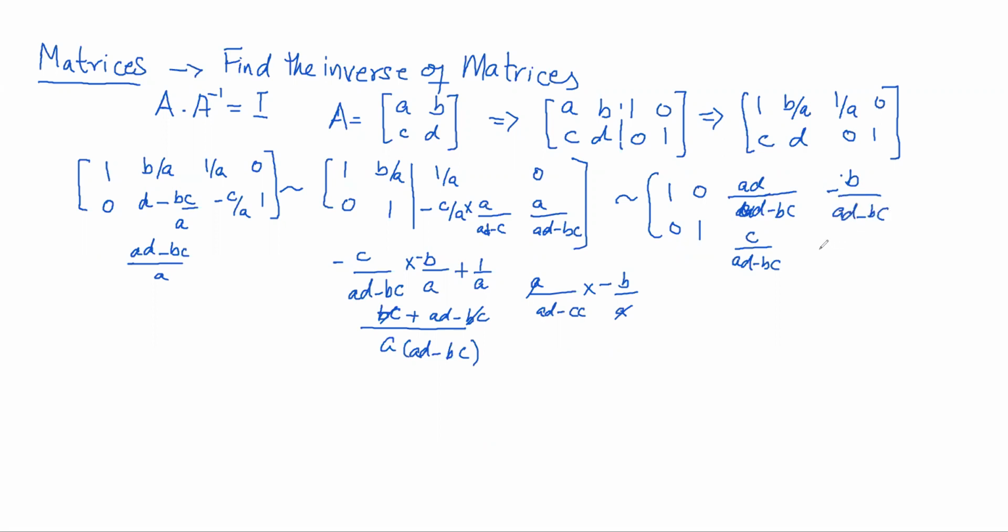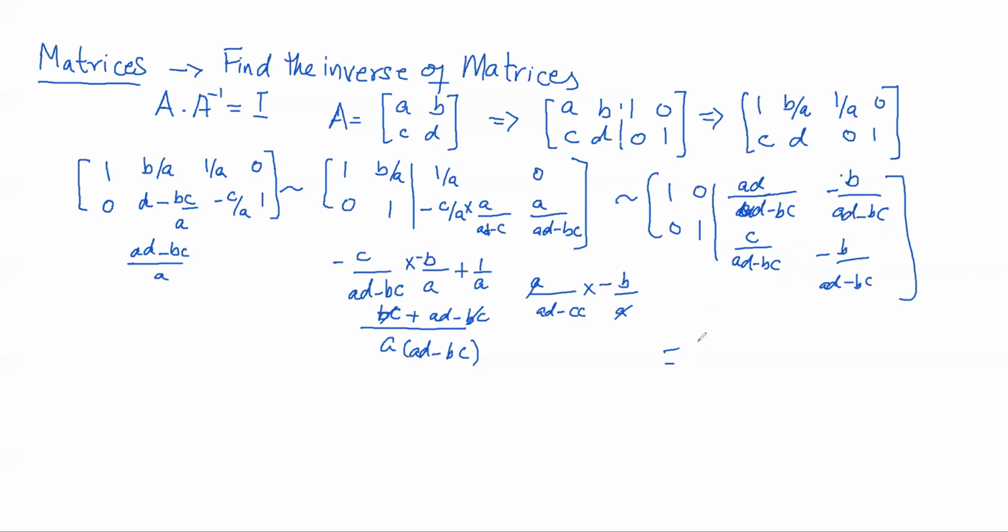And then it will be also, because this is multiplied by that, so it will be B over, so it will be minus B over AD minus BC. So in this way, we will get the inverse of the matrix.